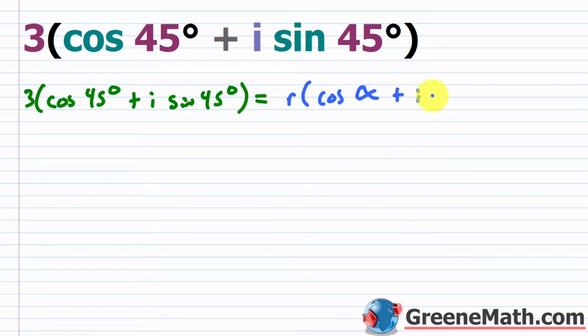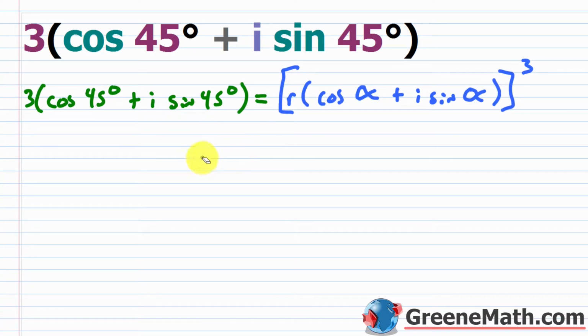So plus, I'll do i times the sine of, again, I'm going to use this alpha, okay? So now I'm just going to raise this to the third power. There is nothing different between this and what I just showed you with 8 being equal to 2 cubed, okay? I'm just taking this number, raising it to the third power. So this number right here is going to be a cube root, okay, of this number because raising it to the third power produces this. Just like 2 is a cube root of 8 because 2 to the third power is 8, okay?